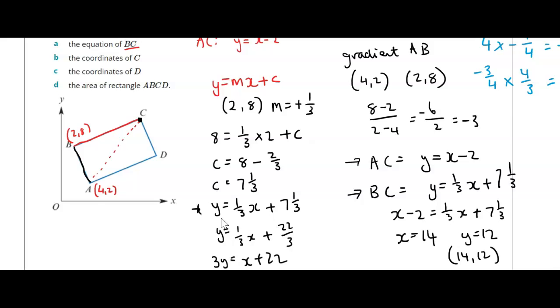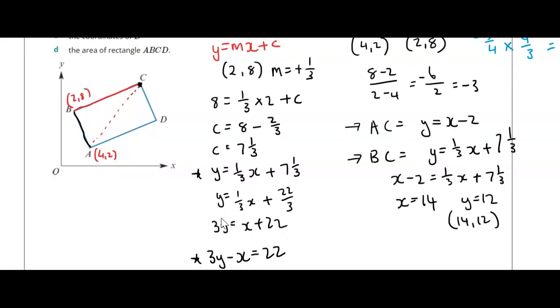All right, so now we need the coordinates of D. There are several ways. We can think of the line going through BD. To get that line, we know it's perpendicular to that red line, so you can get your gradient that way.